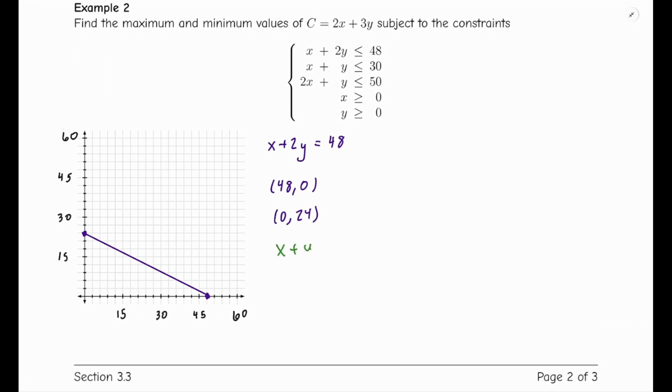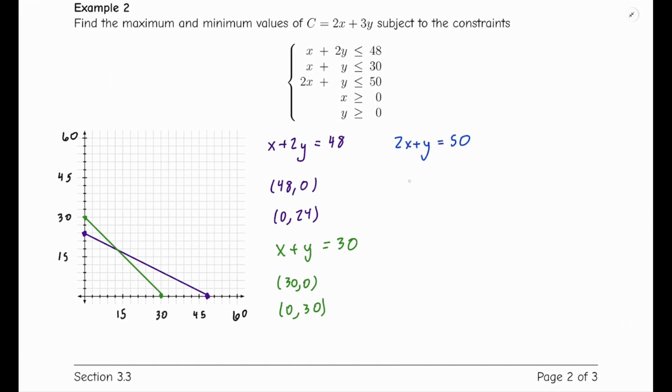x plus y equals 30. If I cover up the y, I get x is 30. If I cover up the x, I get y is 30. So we get 30, 30. And then the last one, I want to do in blue, is 2x plus y equals 50.